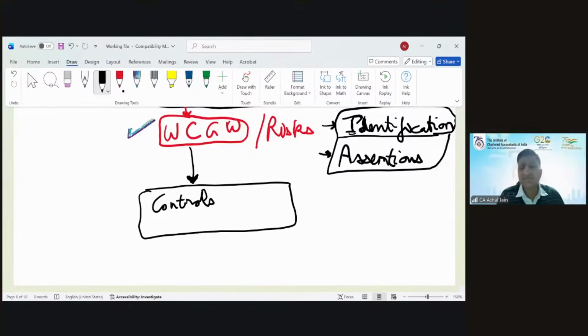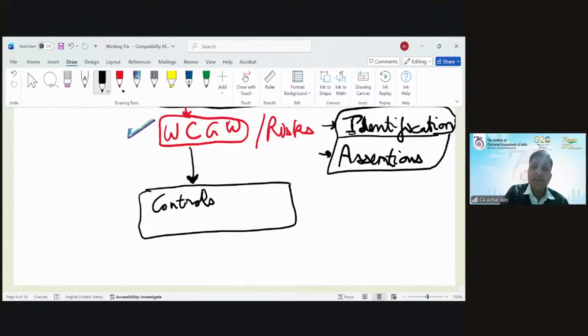So what will be the control? The control could be that every time a purchase is done, the stores department or any of the relevant department needs to physically inspect the material which has been purchased. So that could be a control. There's a team, a department which is responsible for that. Only then the invoice would be sent to the processing for payment. Before that, it will not be sent for processing. So in this case, you call it a control.